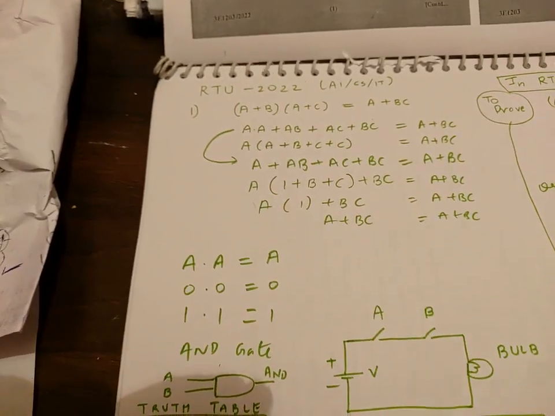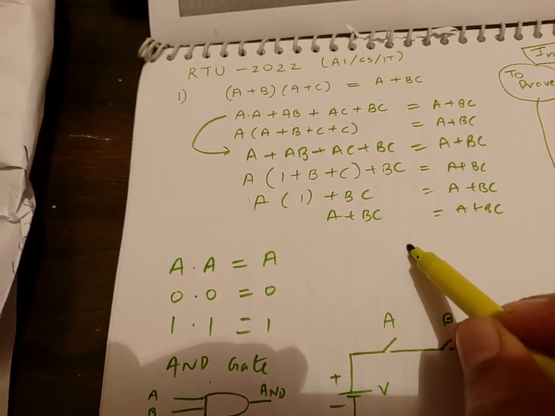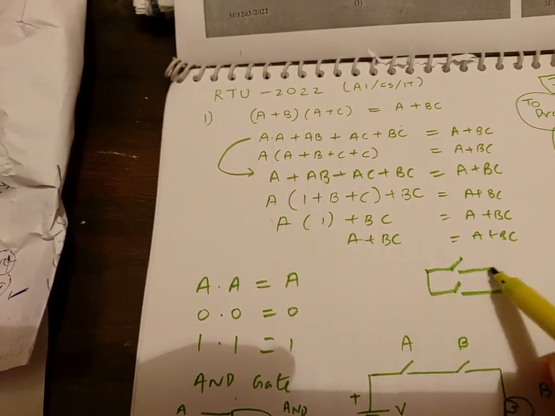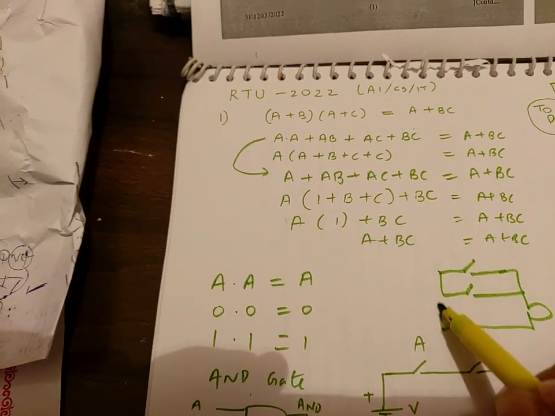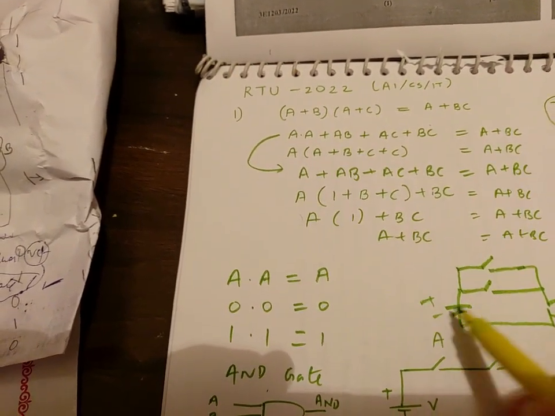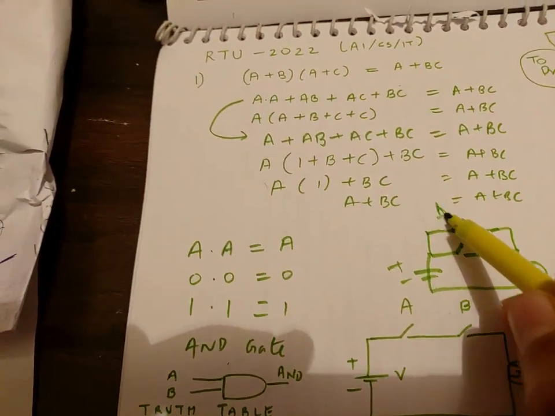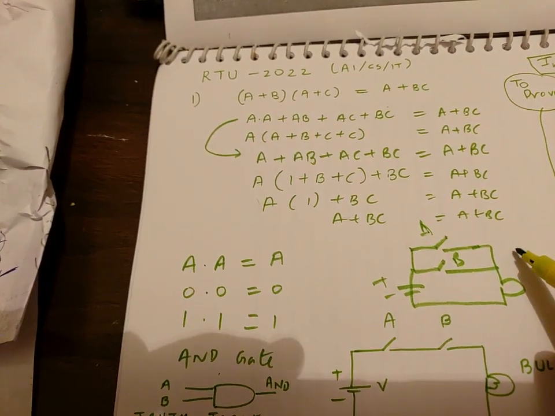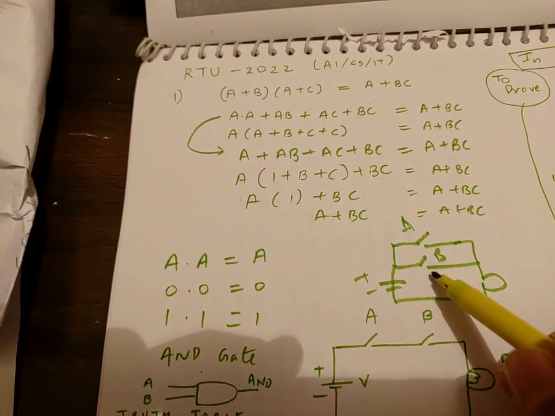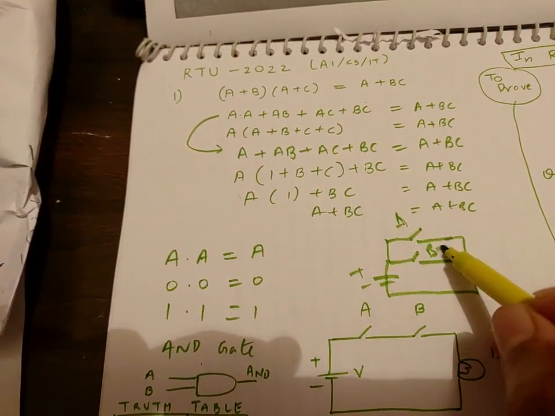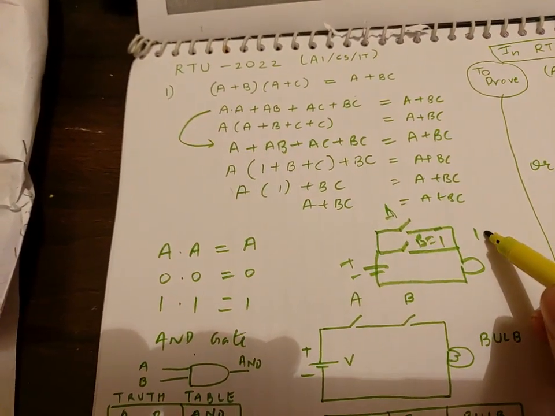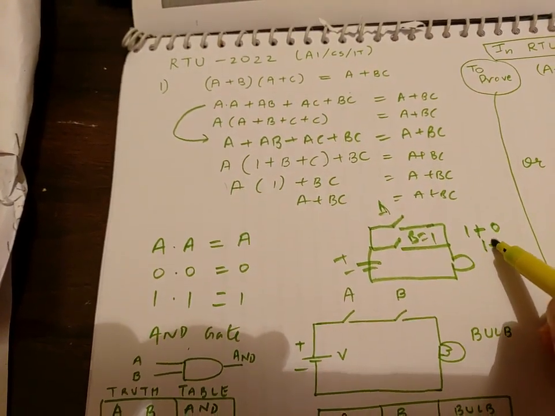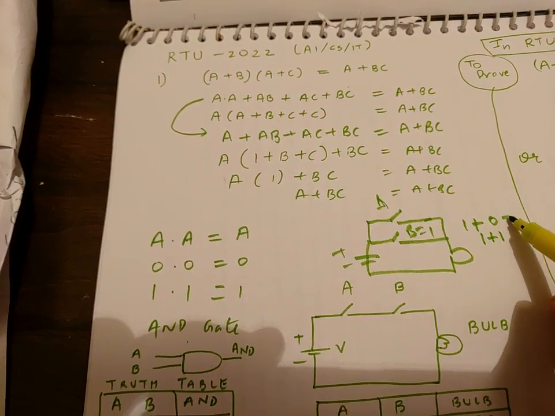To prove that, again there is another circuit that can be used. This circuit is the circuit of OR logic, and in OR logic there is a battery. There are two switches A and B, and when one of the switches is on, so let us say this is equal to 1, and the other switch, let us say it is off, or in another condition let us say it is on.